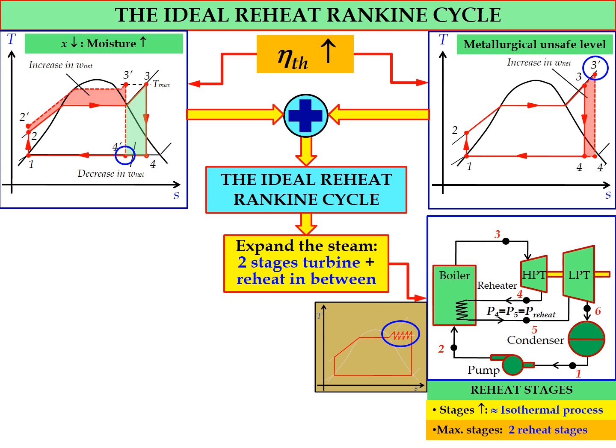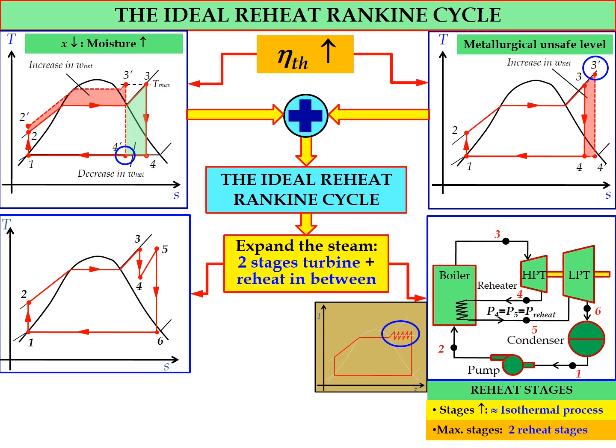Okay, so the maximum number of stages in terms of the reheating process, we can only have 2 reheat stages, which means we will have 3 stages of turbine, and in between we need to have 2 reheating processes.